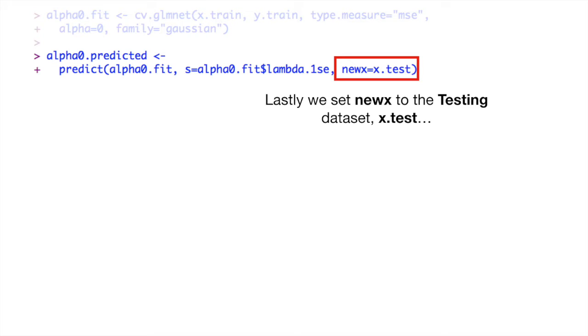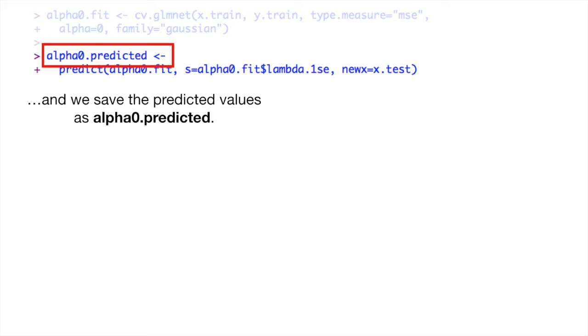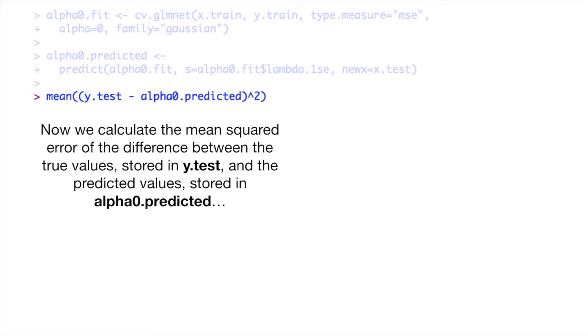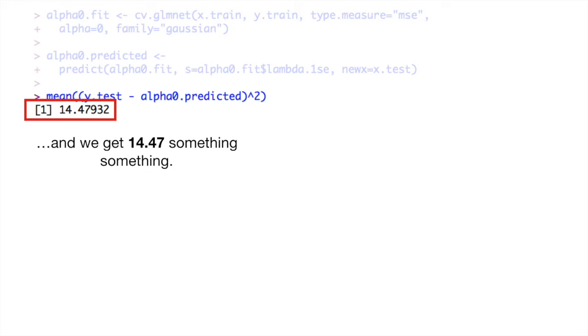Lastly, we set newx to the testing dataset, x.test. And we save the predicted values as alpha0.predicted. Now we calculate the mean squared error of the difference between the true values, stored in y.test, and the predicted values, stored in alpha0.predicted. And we get 14.47 something something.